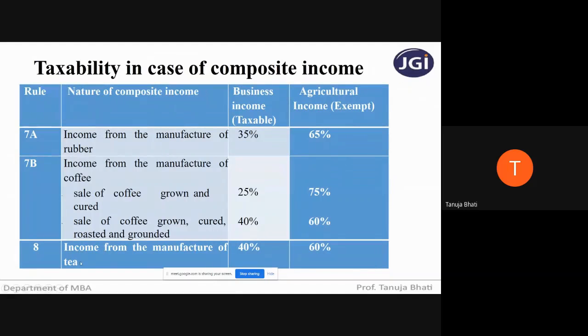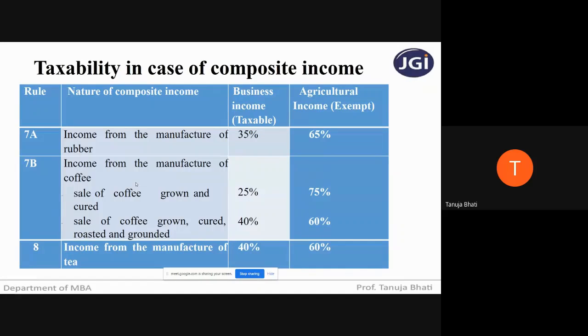The eighth point is income from the manufacture of tea. If any SSC is into the manufacturing business of tea, you have to consider 40% as business income and 60% of that income as agricultural income, and exempt it. These are called composite income because there is some portion of agricultural income.